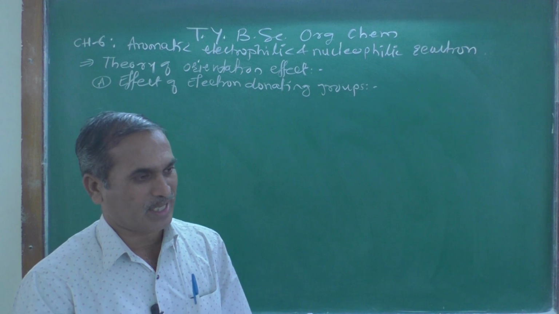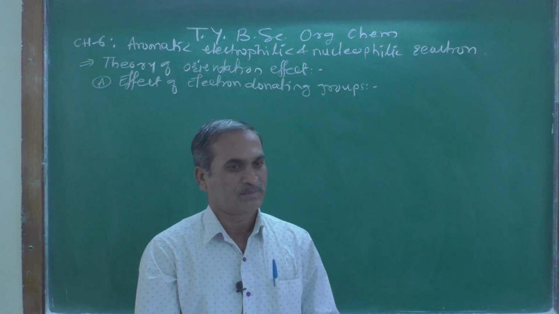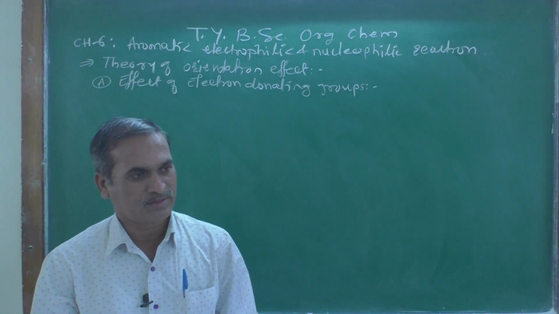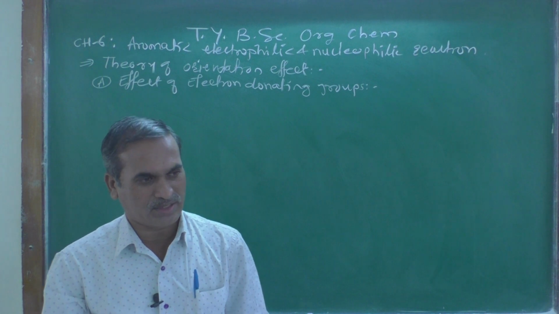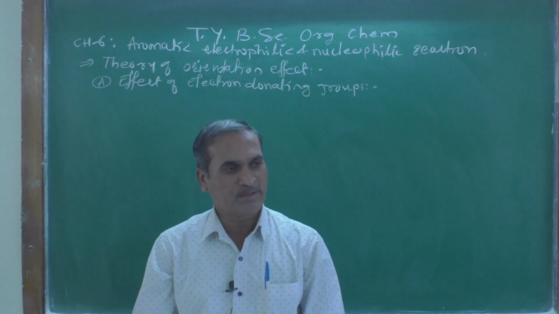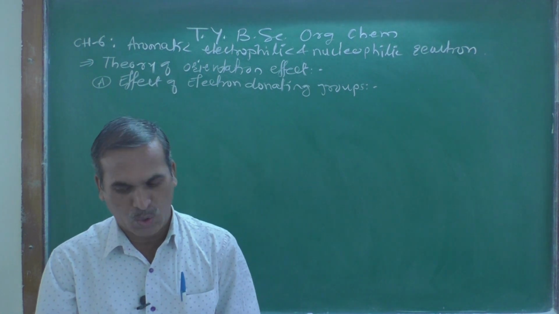In some cases, ortho and para are predominant, whereas in some cases we found that meta is predominating. Why is this so?